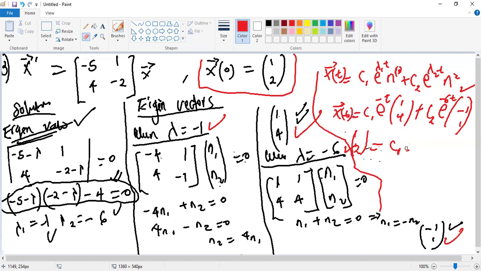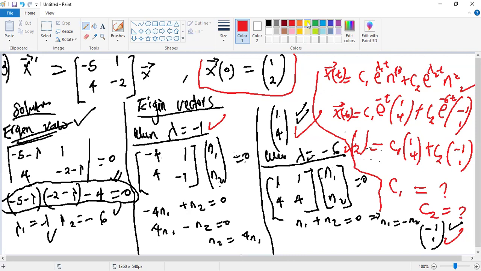So all of it transforms to 1. So we have 1, 4 plus C2, and if you put 0 there, this becomes 1, times -1, 1. Then you solve for the values of C1 and C2 and bring them back here to the general solution, and you have your answer.